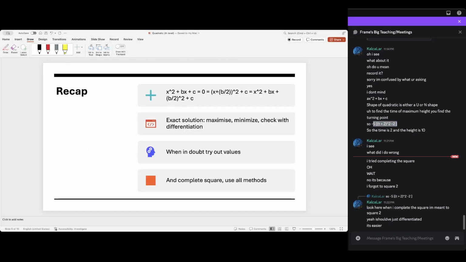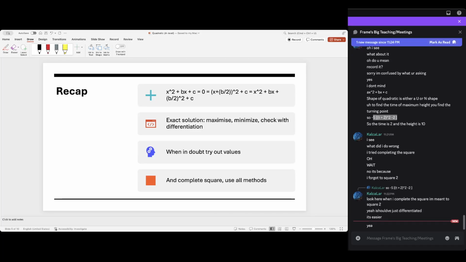And here, recap, this is what we have as completing the square, equal to plus c. That means you have to subtract the b over 2 squared thing. That's how you do it.